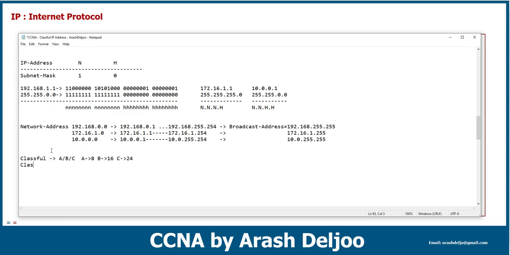But in classless networks, we don't have the rules of the IP address classes. We are using the subnet mask. And also we will learn about the function of the subnet mask more than this. For example, in classless networks, when you are assigning an IP address to a system, 192.168.1.1, it's mandatory to configure the subnet mask.